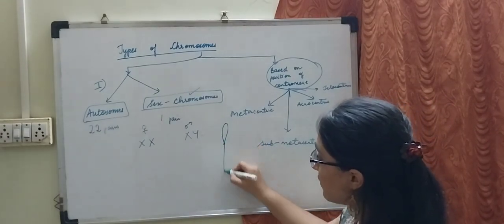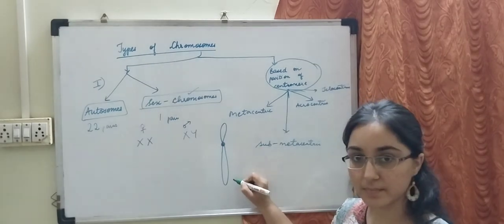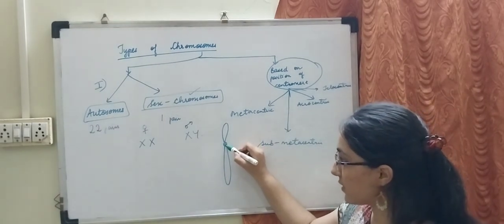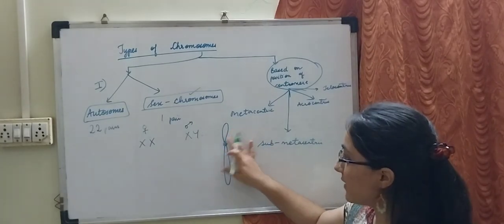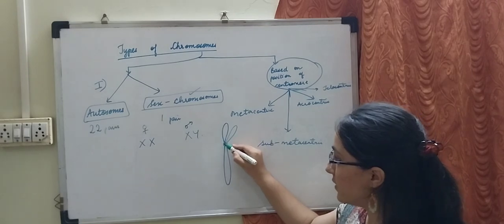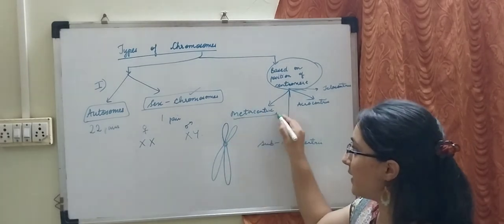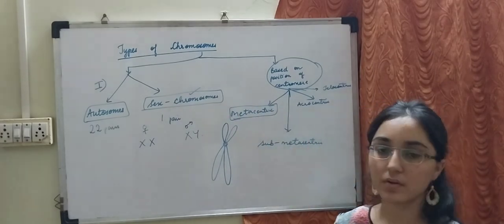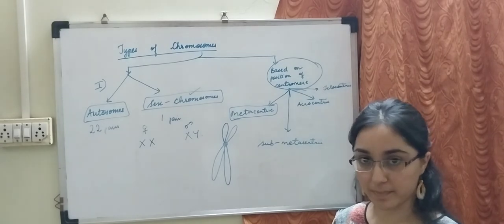Metacentric means the centromere is present at the center. If the centromere is present at the center, then we will say it is a metacentric chromosome, because it is present exactly at the center.